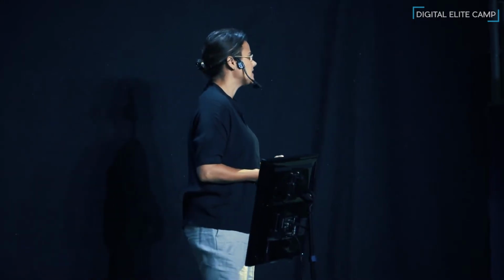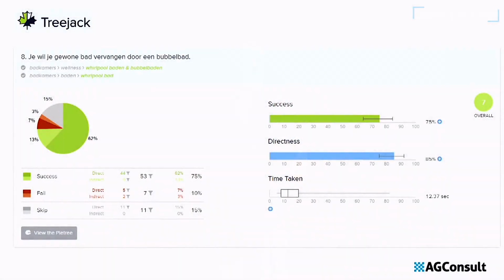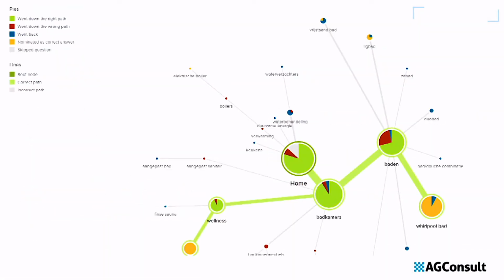TreeJack not only shows you the amount of people that succeeded in fulfilling the task, but also the level of directness. Did they immediately find it, or did they first have to backtrack? It shows you the time taken as well, and basically gives you an overview of every single user. This also can give you great insights on how to improve, because if your red dots of user failure, actually your failure, because the user can never get it wrong, are spread out all over the place, that means you probably did a pretty good job of keeping it in the green.